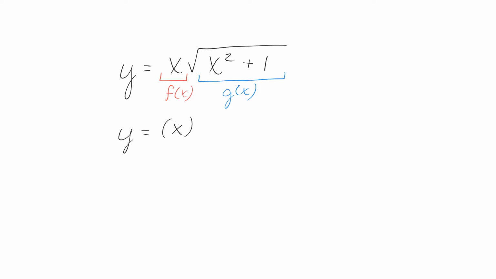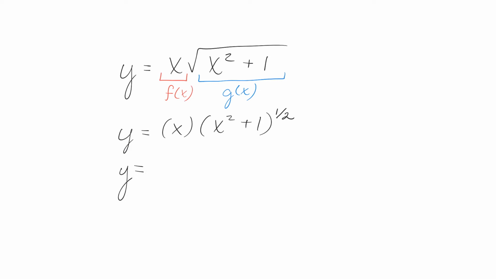And I'm just going to throw some brackets in here so it becomes really obvious where my f of x and my g of x are. That radical becomes an exponent of 1/2. So now it's really clear that we need product rule, and it's clear that we're going to need chain rule because we've got something in the middle that has a derivative, plus something to the 1/2 has its own derivative as well.